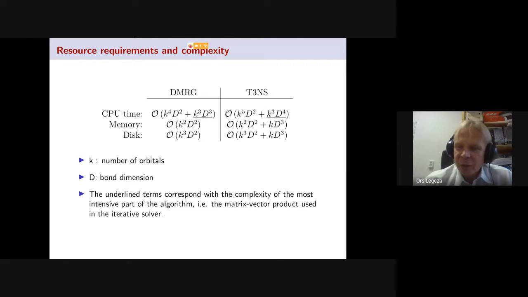But we have to work on it hard, because so far the system sizes that have been reached, there was some gain with the tree, but if we consider the CPU without massive parallelization, then DMRG used to be the winner. But it's also important to mention that T3NS provides more options for parallelization, so it is even more scalable in terms of supercomputers.